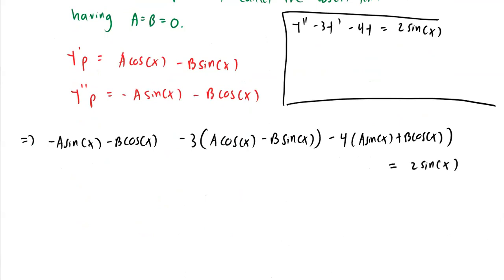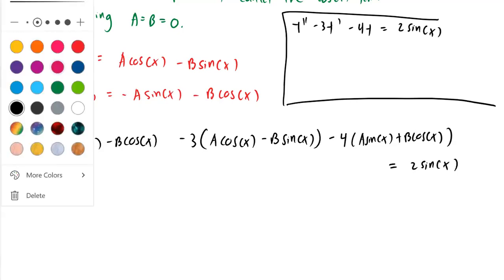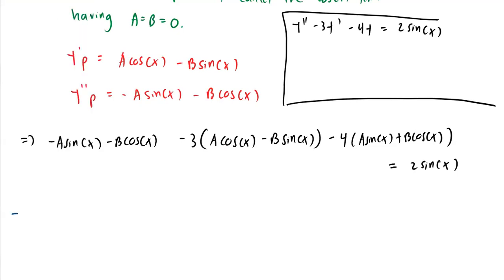So as before, we're going to combine all the terms involving sine and all the terms involving cosine and see what we get. So let me do that in a different color, maybe dark blue. So I see for sine, I see a negative A. I see a negative 3 times negative B, so that's plus 3B. I see a minus 4A. And that's it, right?